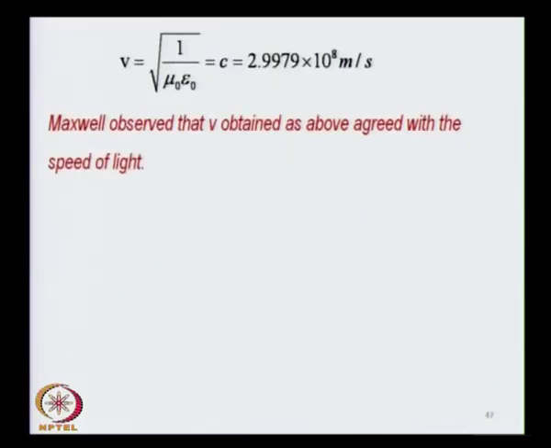What is the value of the speed? This is very nearly equal to 3 into 10 to the power 8 meters per second, and what Maxwell observed is that this speed agrees rather well with the speed of light, as was known at that time.